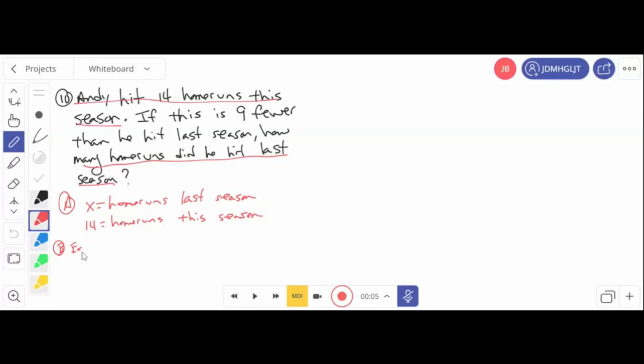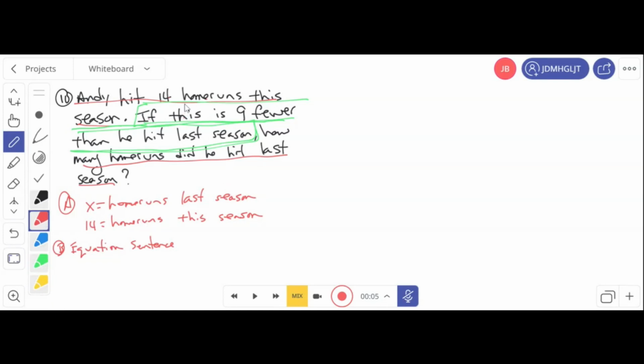Next, we look for the equation sentence. The first sentence is not the equation sentence, it's part of our setup. Andy hit 14 home runs this season. The equation sentence is if this is 9 fewer than he hit last season. That part right there is the equation sentence.